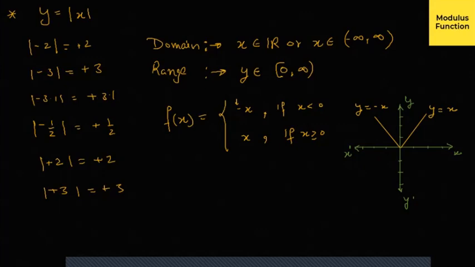Okay. Now let's see whether this function is continuous or not. As you are able to see, we are able to draw this graph without lifting up our pen. So that's why it is a continuous function.